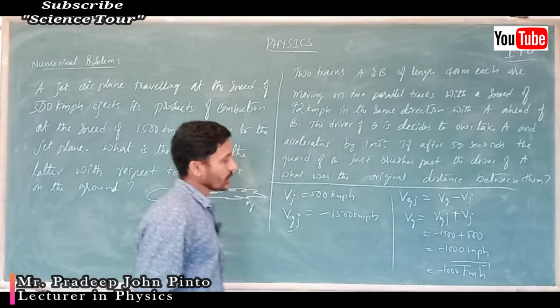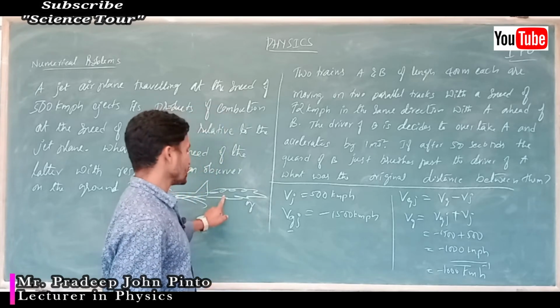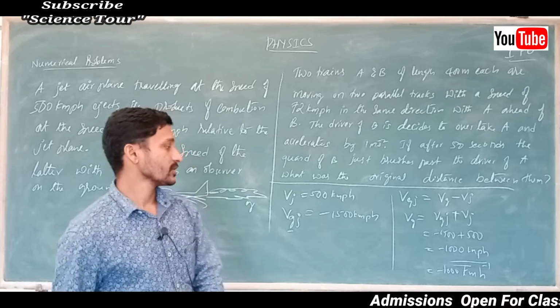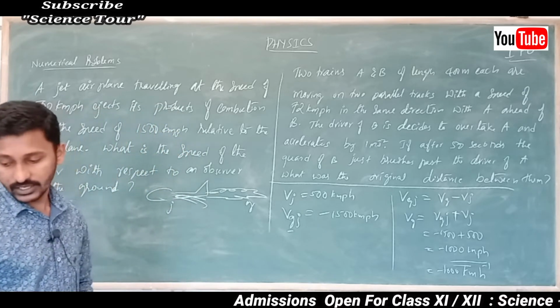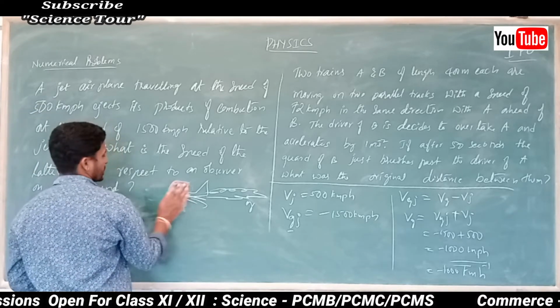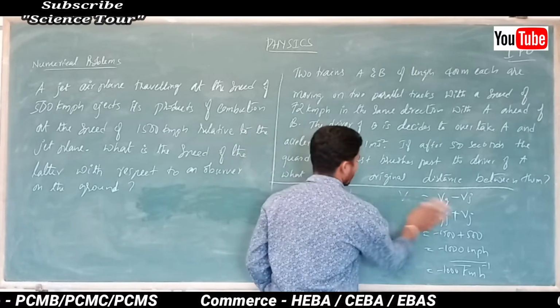Means to the observer it seems that this gaseous particle is moving with 1000 kilometer per hour in the opposite direction. So this is one more problem we have discussed in the case of relativity.